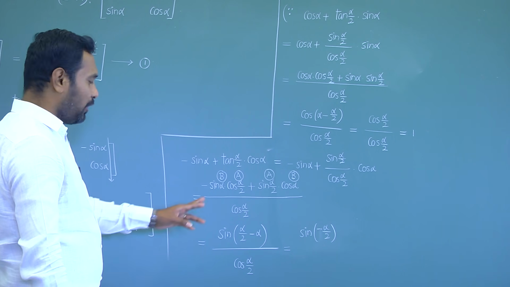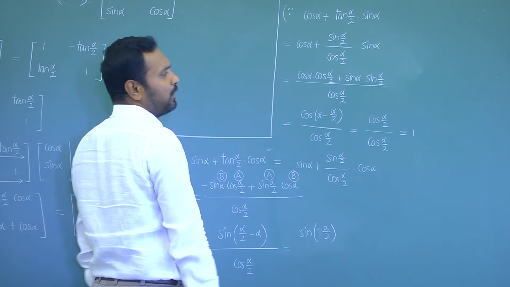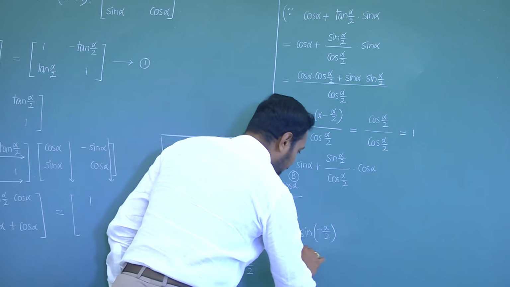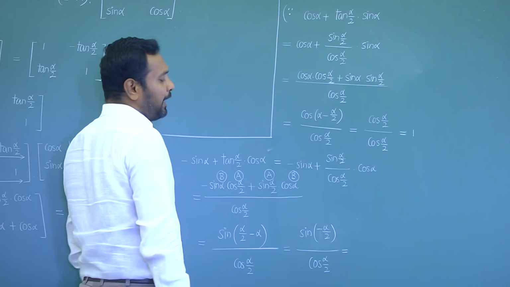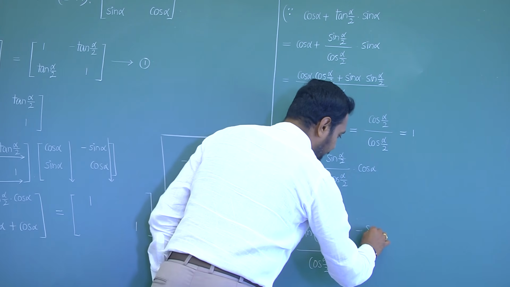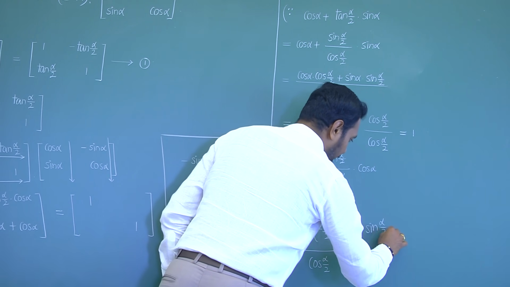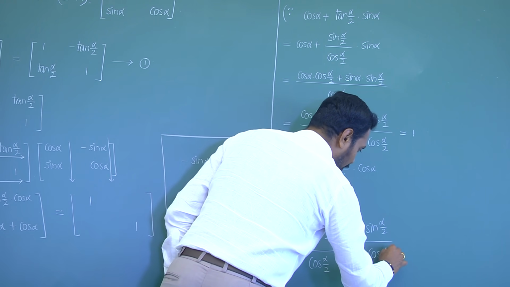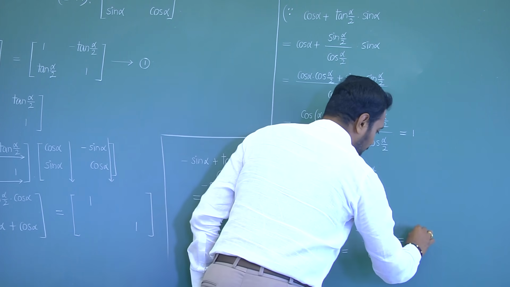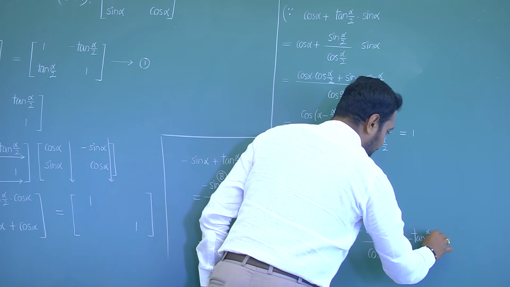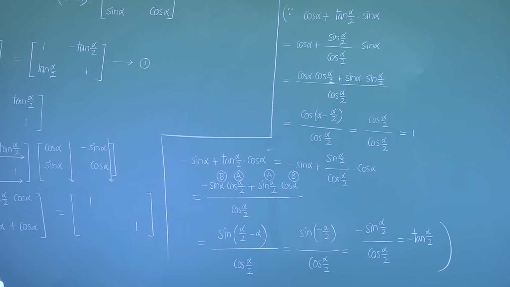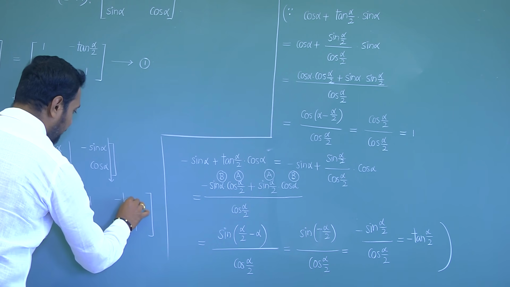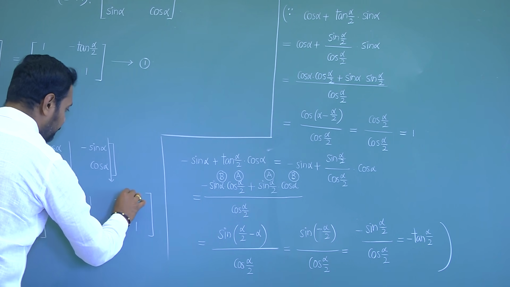So sin of minus alpha by 2 divided by cos alpha by 2. Sin of minus theta formula is minus sin theta, so minus sin alpha by 2 by cos alpha by 2, that equals minus tan alpha by 2. All the simplification in brackets we must write. So the first row second column element you got is minus tan alpha by 2.